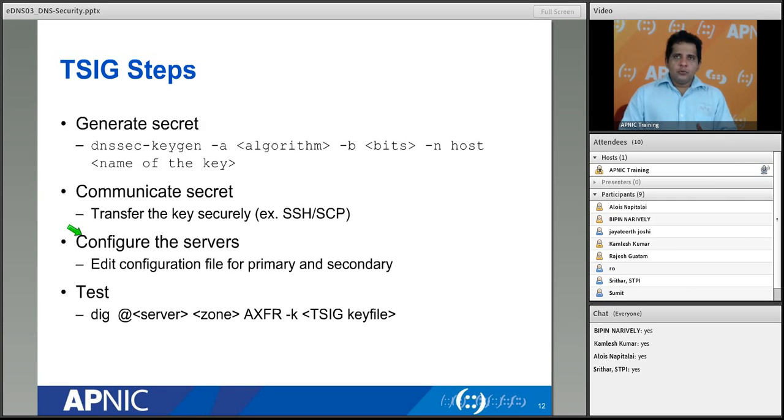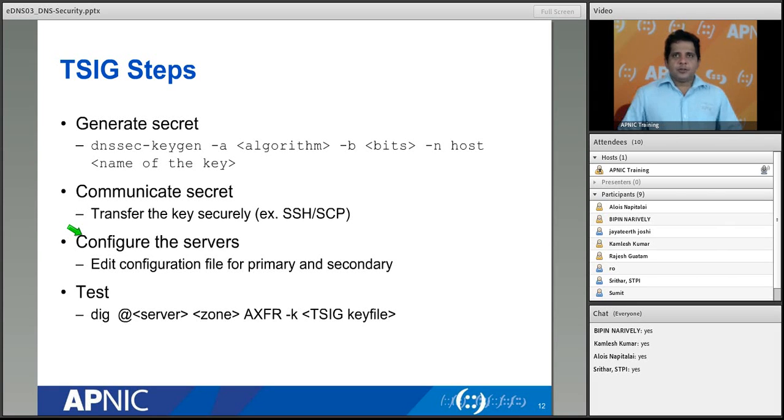Now, there are two types of protections we talked about earlier: server protection and data protection. Here, we are focusing on the server protection side with transaction signatures. That is why the configuration has to be done in the server, basically in your configuration file itself.